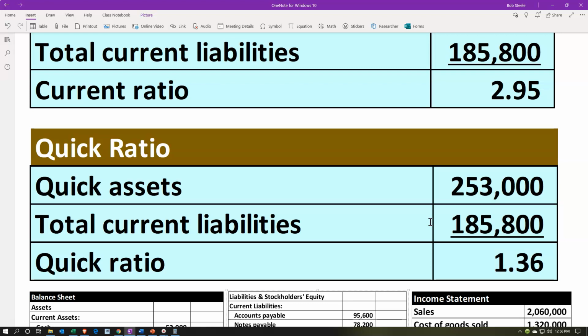So once again, you would think that you'd want this ratio generally to be over 1. Usually, but you'd want to be comparing it also to the industry standards. Obviously, from a banking standpoint, the higher these numbers are, the more safe the bank feels that you can pay off your current obligations, and therefore the more likely they might be to loan you money with the liquidity ratios.